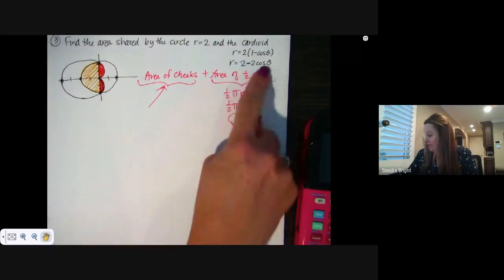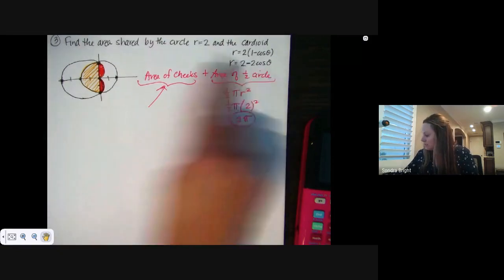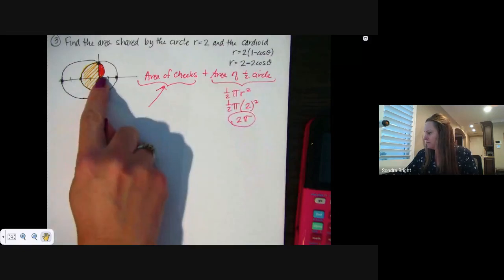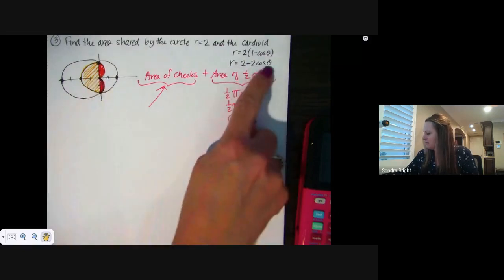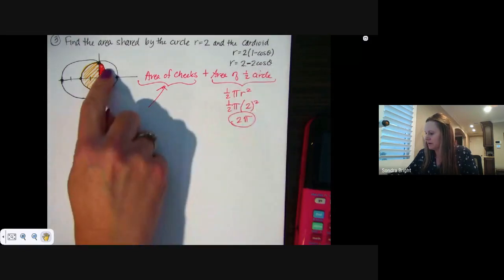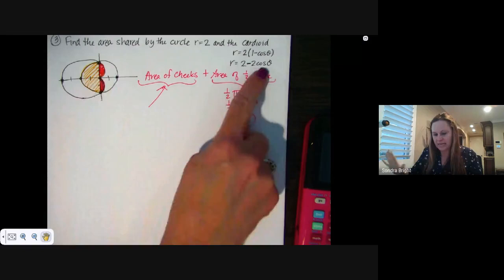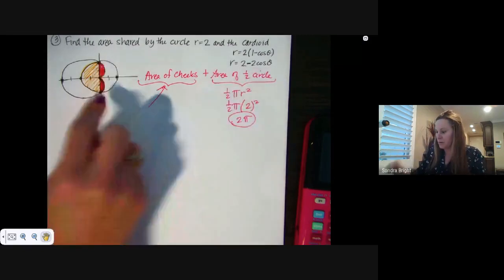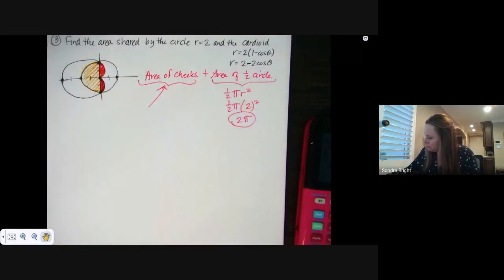As you go around, cosine of pi over 3 is 1/2, so at pi over 3 you're at 1. How about pi over 2? You're at 0. So just integrating from 0 to pi over 2 gives the area of these cheeks.